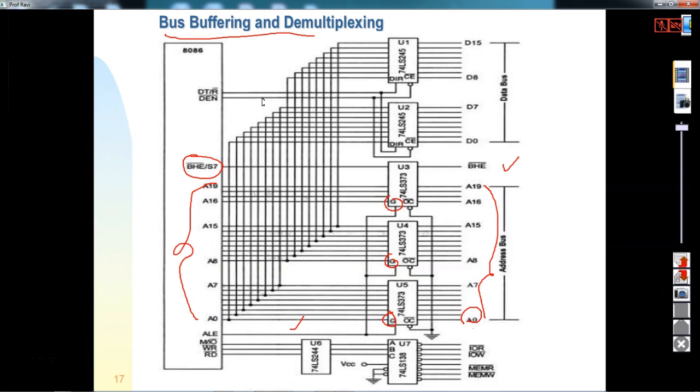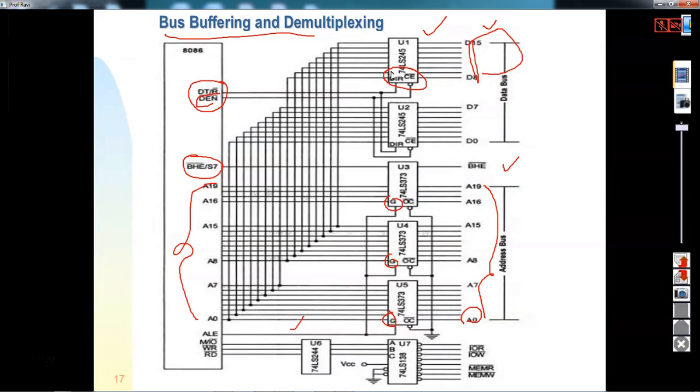Here you have DT/R bar and data enable. These two signals are connected to DIR and CE bar. Data enable means the moment you want to transfer a byte from the memory, the memory is interfaced to the microprocessor through the 245. Enabling the memory is done through the data enable pin.